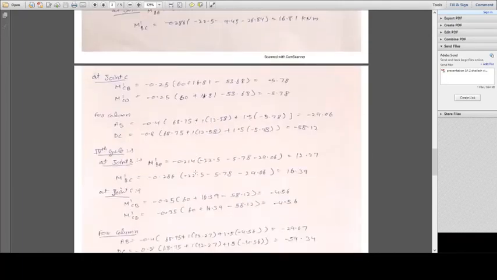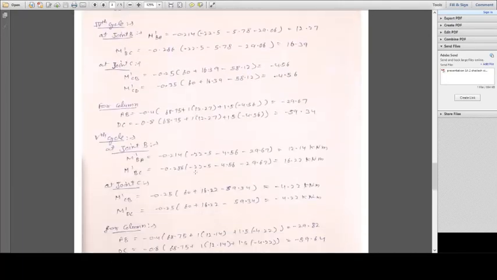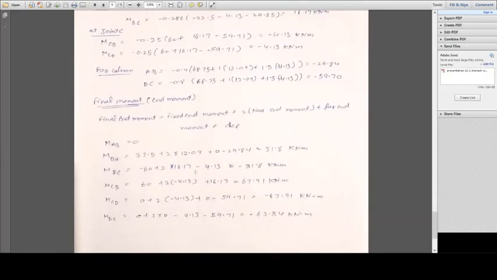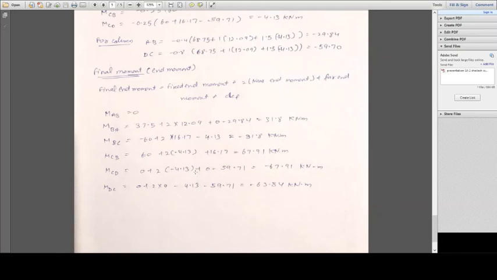So as you can see, I repeated this step several times, and these values came for the displacement moment and rotation moment.